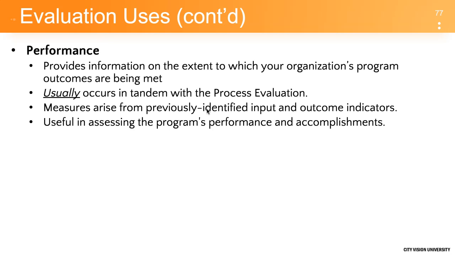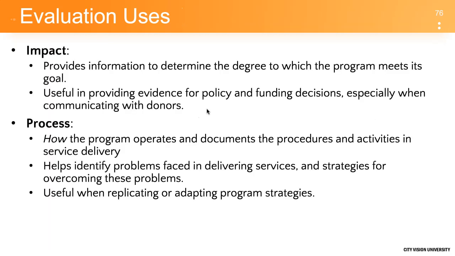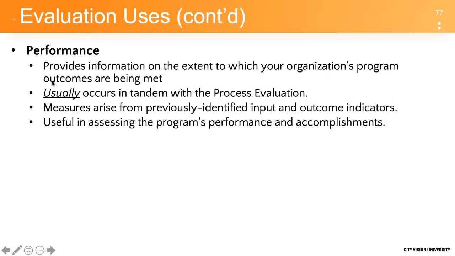Another way that you can focus your evaluation is on performance. And that's providing information on the extent to which your organization's program's outcomes are being met. So in the prior slide here, we talked about the impact, degree to which the program meets its goal. That's at a much higher level than the information on your program outcomes being met.